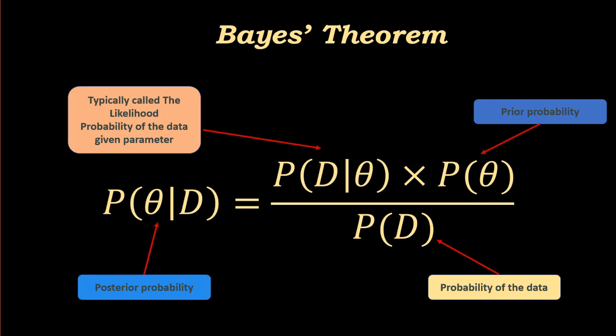The probability of the data is very complex when we have complex models, and we have to calculate for all possible values of theta and multiply that probability by this probability, and then the sum of all that. But if it is a continuous variable, then it would be the integral of that. That would be the probability of the data.